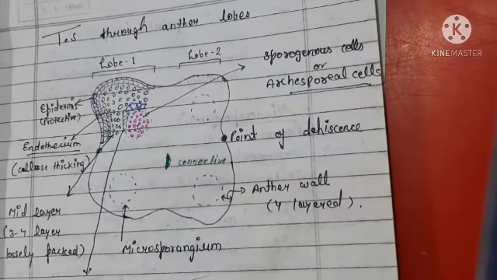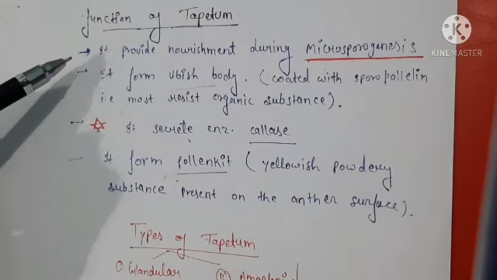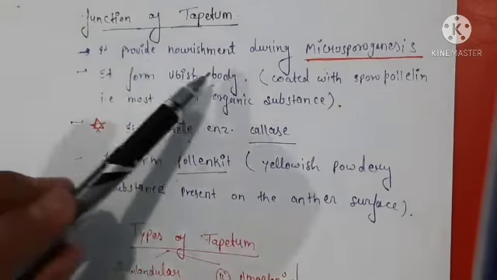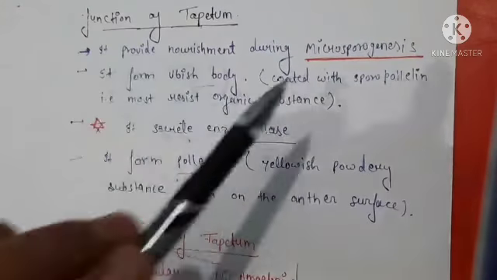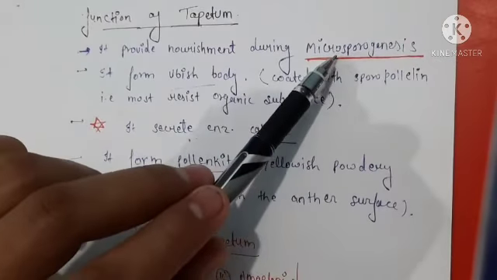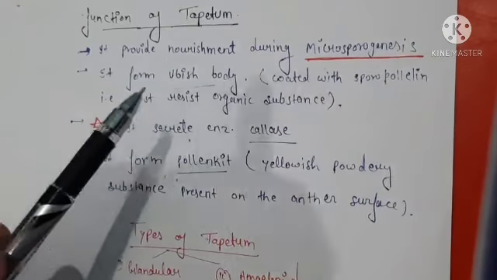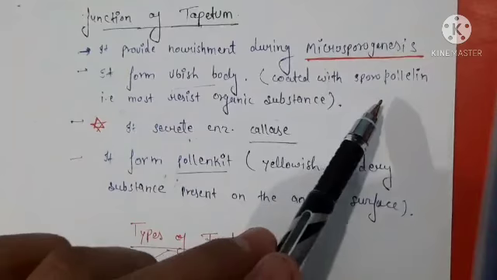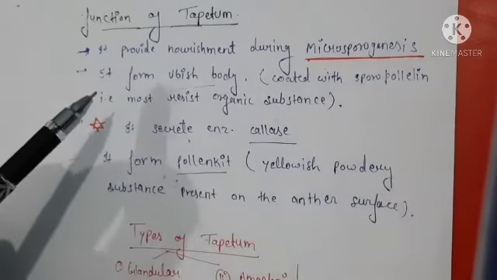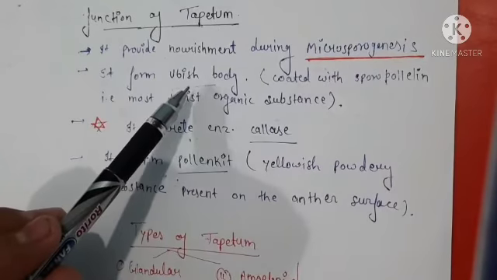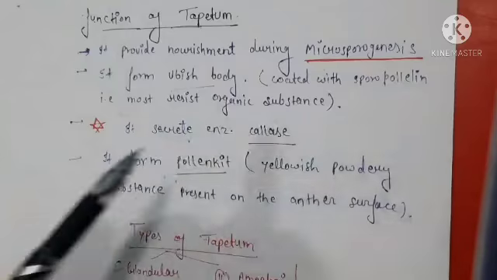After that, friends, we discuss the functions of tapetum. We discuss four main functions. First, it provides nourishment during microsporogenesis. You only have to know it provides nourishment. Don't get confused about Microsporangium. We will explain in the next video. Second, it forms UV body. That means it is coated with sporopollenin. And what is sporopollenin? It is a highly resistant organic substance that prevents the destroying of the anther and pollen grain.